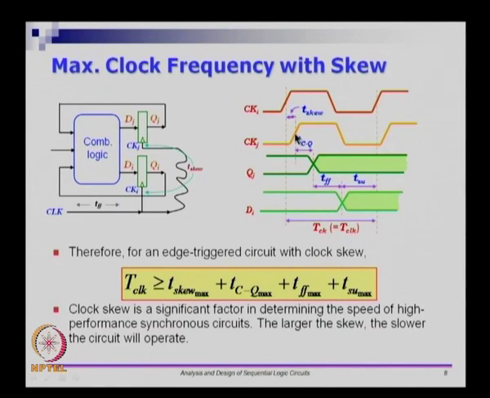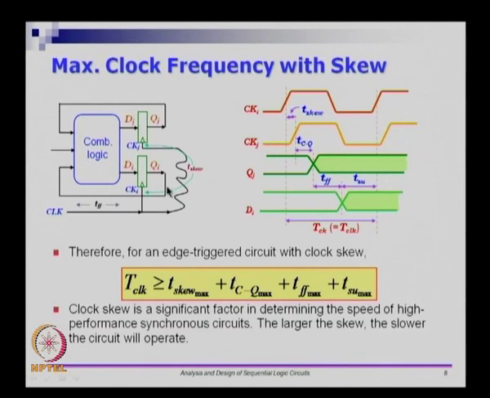If CKJ comes slightly to the left, which means CKJ is not too much delayed compared to CKI, then you have a little more breathing space. In fact, if it comes at the same time as CKI, then T skew is 0 and you get more breathing space. If it comes before CKI, that is actually good, because then you have a lot more space.